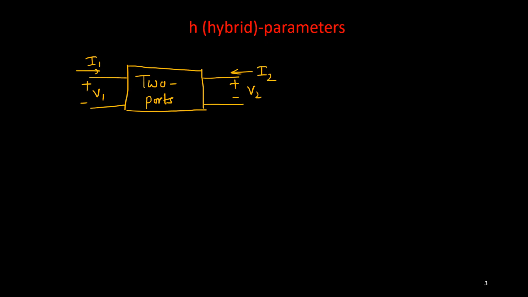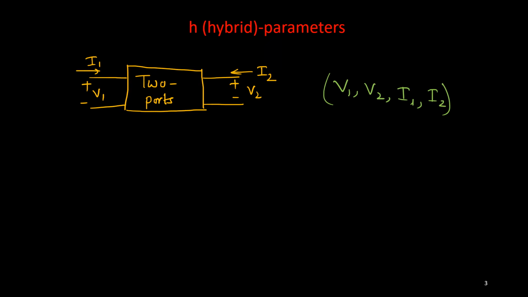Now the H parameter stands for hybrid parameters. So in this case, we'll express this V1 and I2 in terms of I1 and V2. And you see, you have these parameters V1, V2, I1 and I2. So these are the four variables.